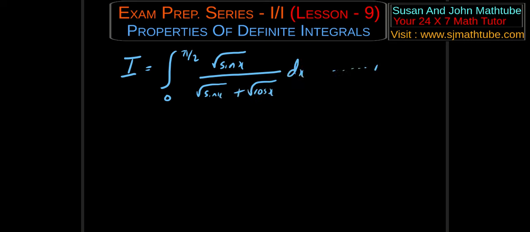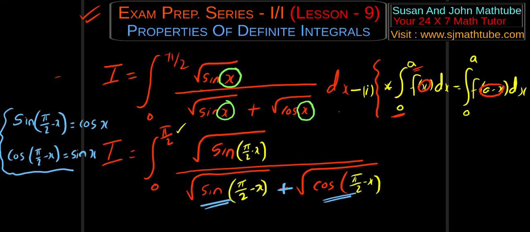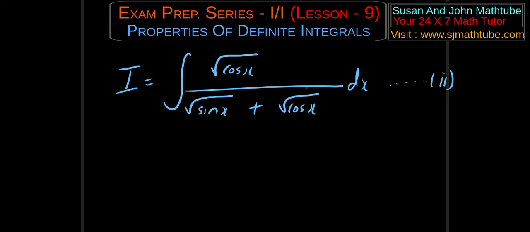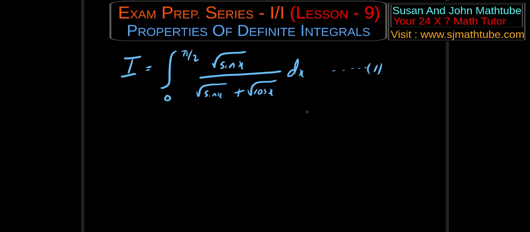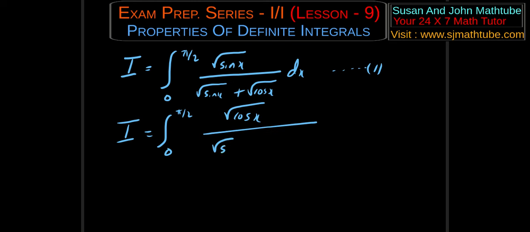This is equation number 1. I'll show you once more. Look at this. This is our question. And then I simplified and I found equation number 2. And equation number 2 tells me I is equal to integral 0 to pi by 2 of root cos x by root sin x plus root cos x dx.